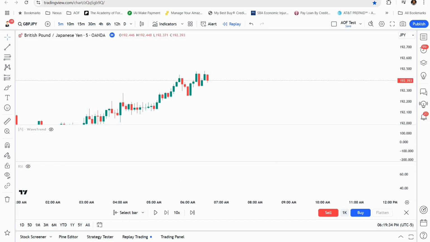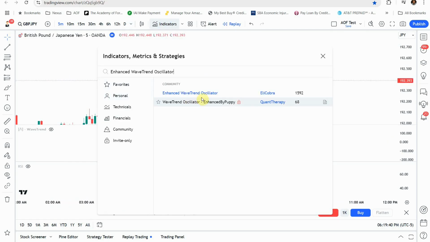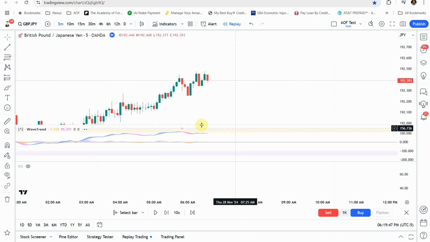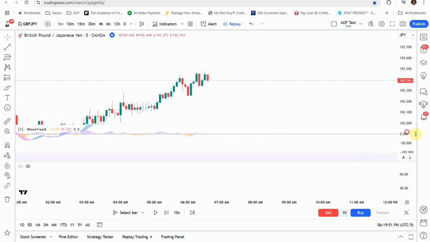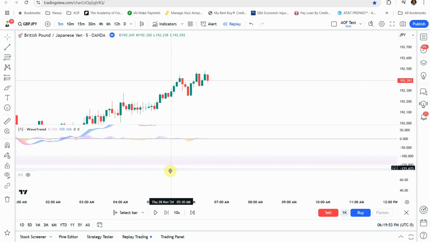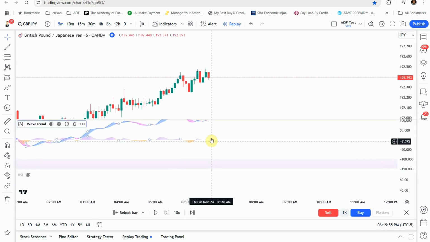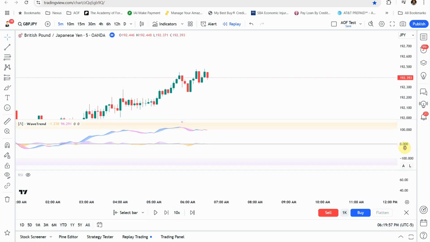Now, the first indicator we will add to the screen is going to be the Enhanced Wave Trend Oscillator, this one right here. Go ahead and click on that and add it to the screen, and everything stays on the default settings. We'll squash that in just a little bit more so you can see how that looks.